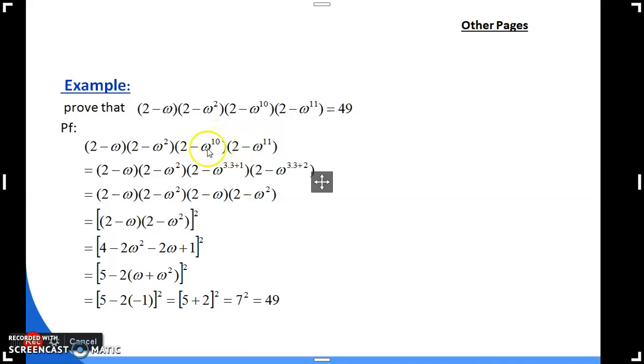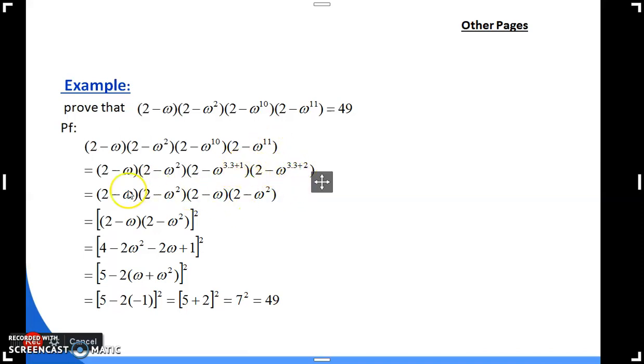That means we have to divide by 3, so that we can write in the next line. The other factors will be written as usual. So omega to the power 10 can be written as 3 into 3 plus 1, and omega to the power 11 can be written as 3 into 3 plus 2.